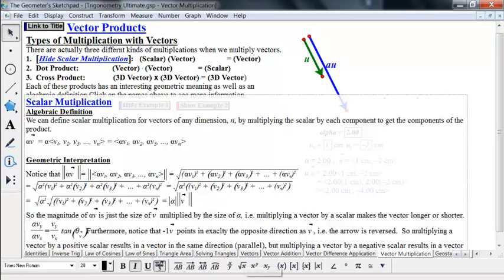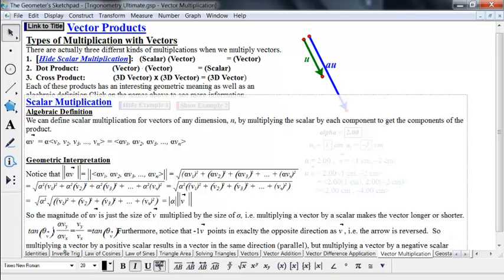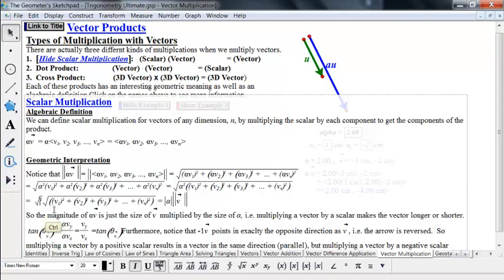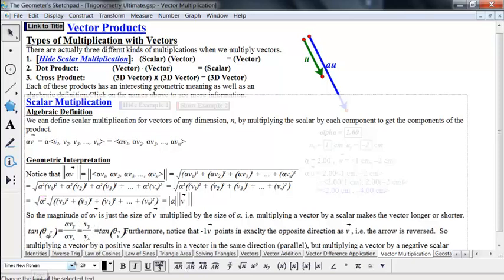Whereas, on the other hand, this is the tangent of the vector alpha times v. Okay, so we see that the two have the same tangent.